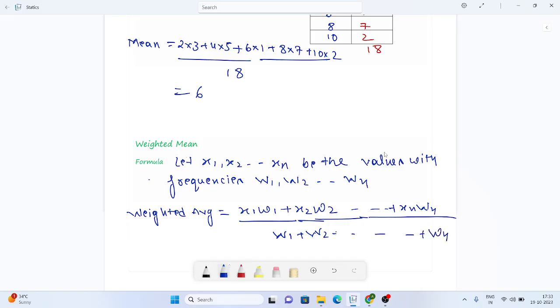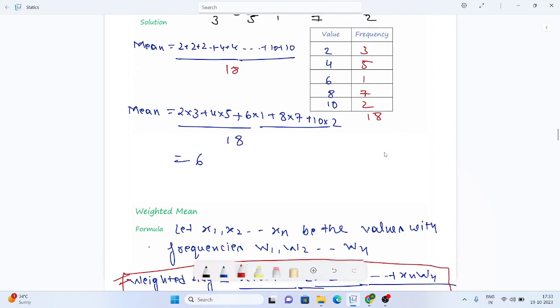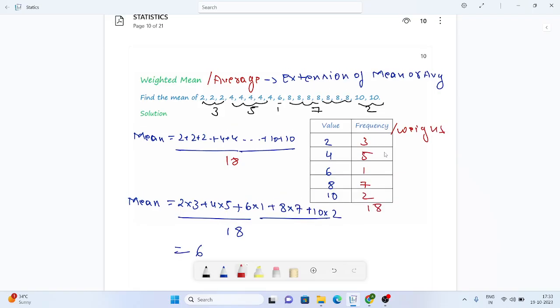So this is the formula for weighted average. Okay, so note down this. And these frequencies are called weights. Right. So please note it down, then we move forward.